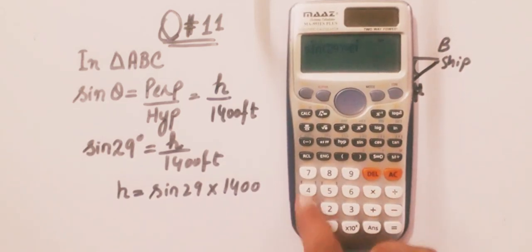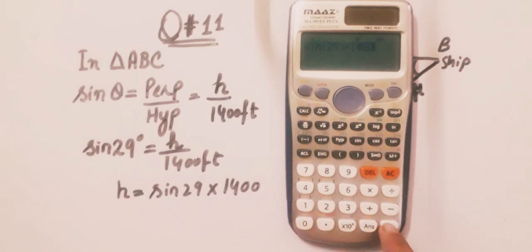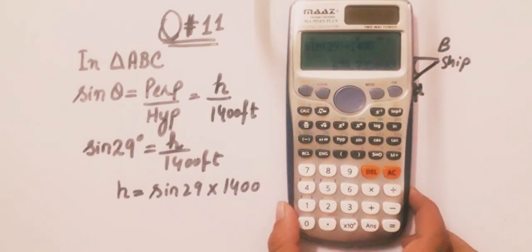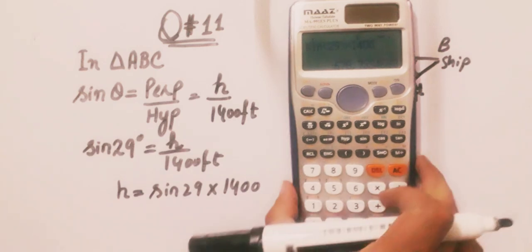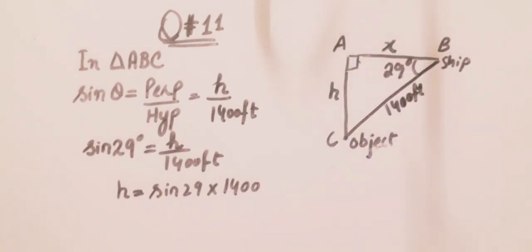The answer is 678.73 feet. So h is equal to 678.73 feet.